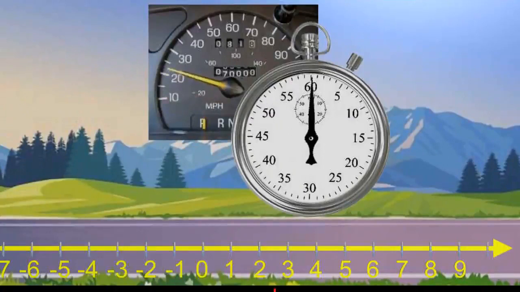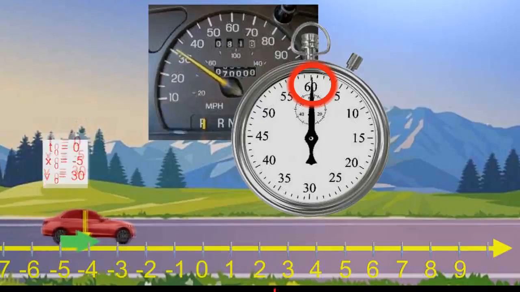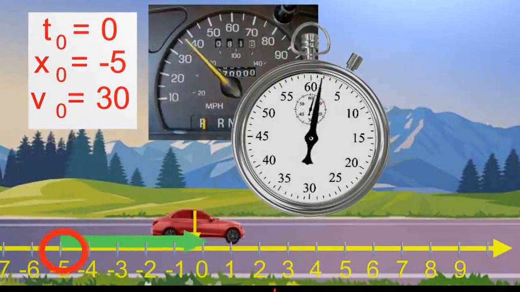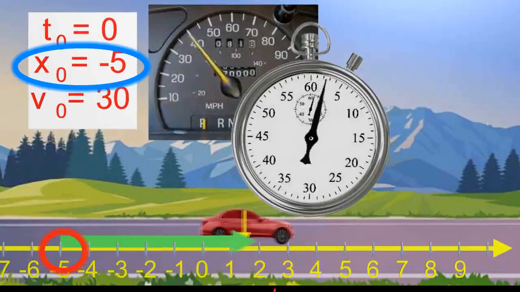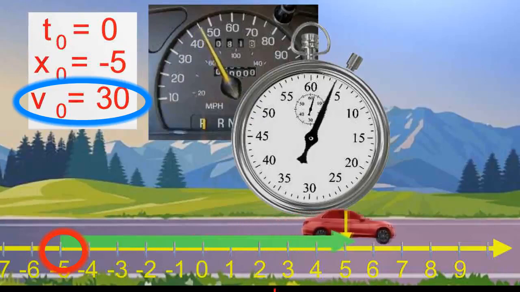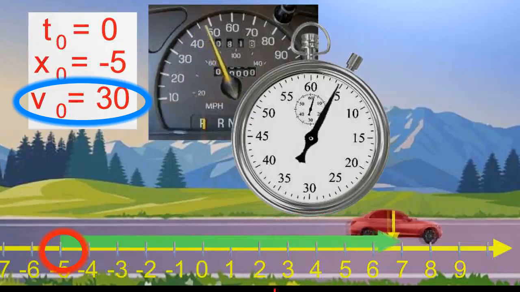First of all, it is necessary to pay attention to the following concepts. Suppose an object moves in a certain direction. At the moment the stopwatch starts, the location of the moving object is called the initial location, and the velocity the car has at this moment is called the initial velocity.